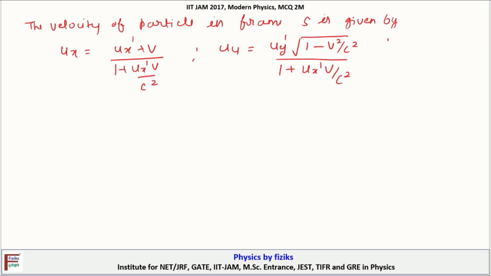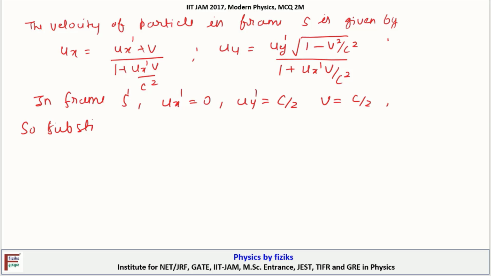In frame S', ux' equals 0, uy' equals c/2 and v equals c/2.